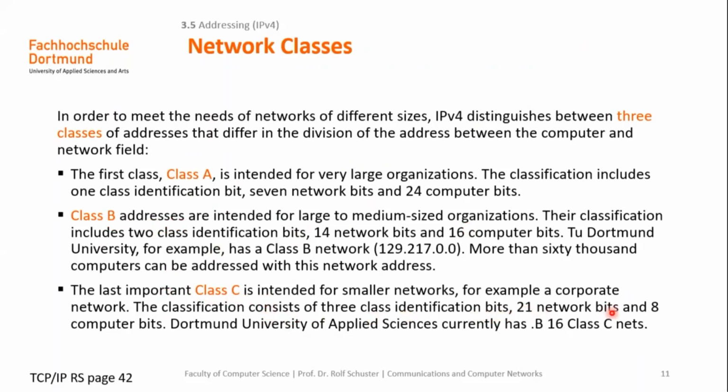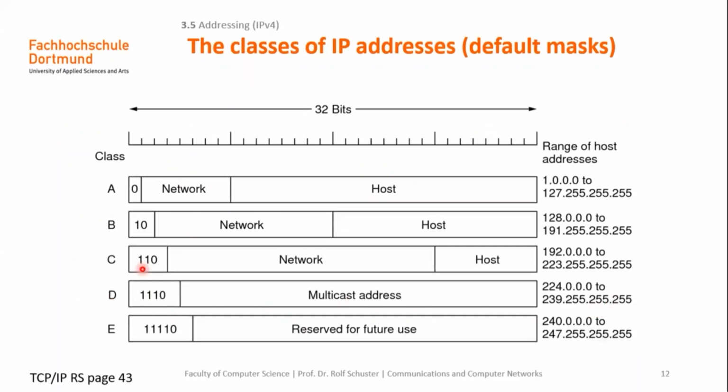In this case, class C uses the most significant bits 1, 1, 0 to identify the class, 21 bits to identify the network, and finally 8 bits to identify the host.